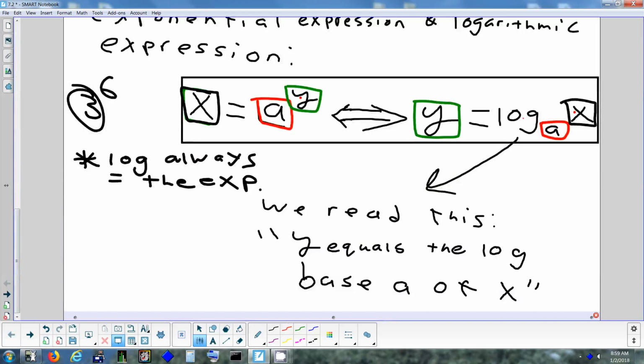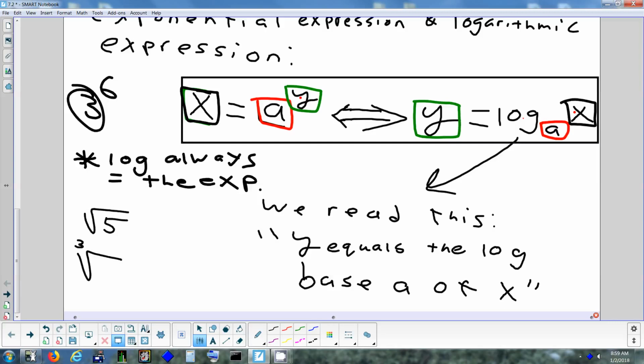Okay, so the answer that you get when you take a log depends on 2 things. It depends what is the base, and it depends what's the thing you're taking the log of. It's kind of like if I said to you, let's take a root of a number. Well, the answer that you get depends on 2 things. What kind of root are you taking? Are you doing square root, cube root, what kind of root? And what are you taking the root of? In that case, I'm taking a square root, and the thing I'm taking the root of is 5.